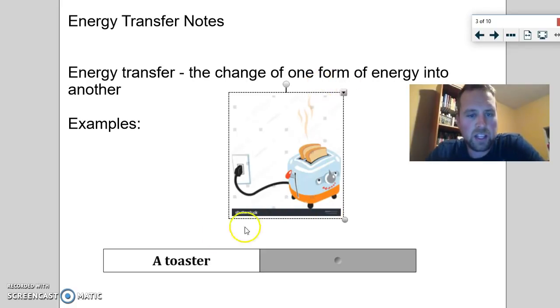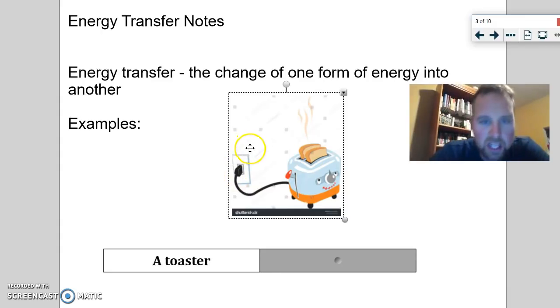So underneath that I have your first example, which is a toaster. So if you think about a toaster, toaster's plugged into an outlet. This is an electrical cord, and that electrical cord provides electricity to this toaster. So you can think about what a toaster starts out as. It starts out as electrical energy coming from the electrical outlet and coming into the toaster. And then once it's in the toaster, it turns into two other types.